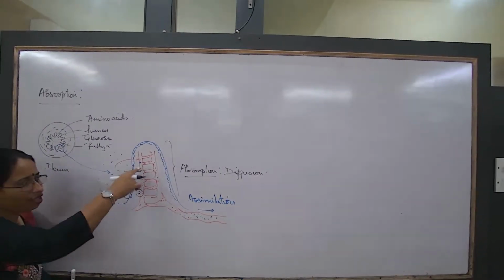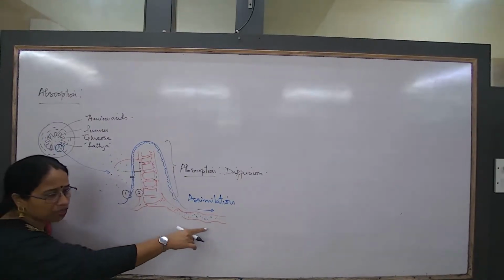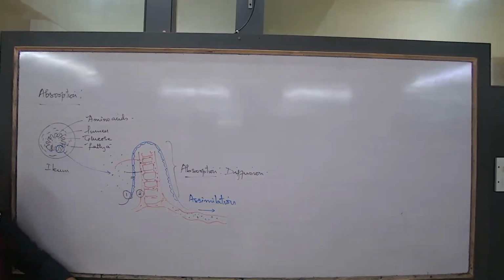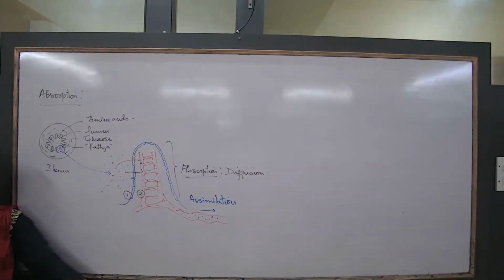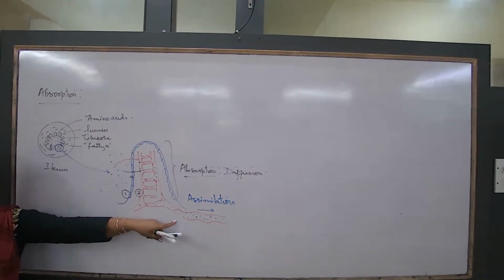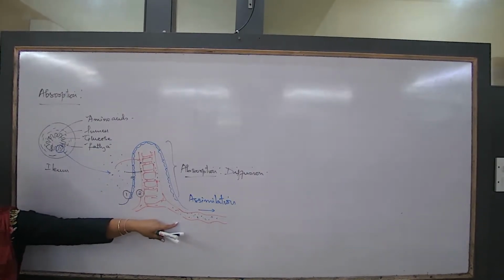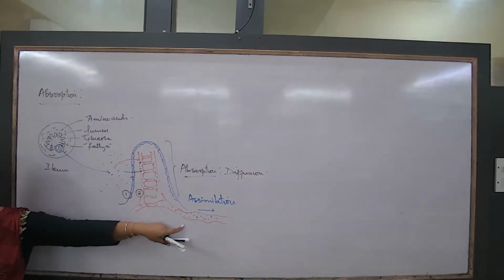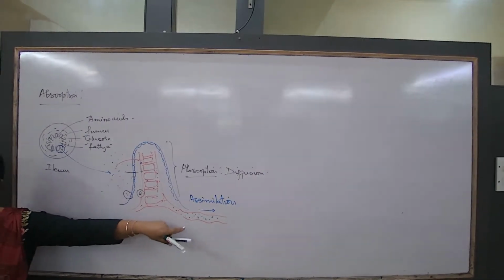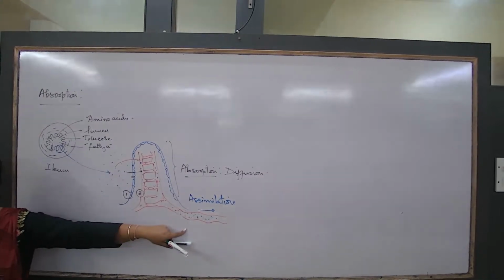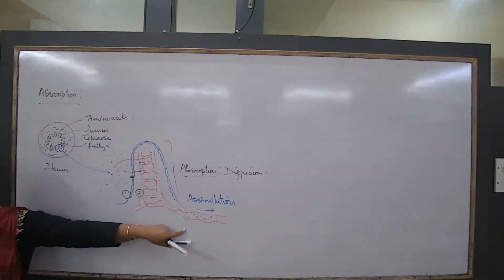And now the blood of the villus is getting loaded with these molecules. The blood will carry this and deposit it in the body cells. This process of distribution of the simplest form of food is what is known as assimilation.